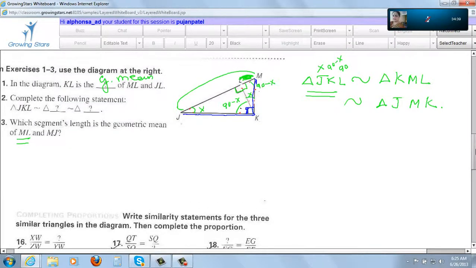It's not KL. It is either MK or JK. For finding out which of those two, you should look. Here you have the product of ML and MJ. ML is adjacent to this altitude, isn't it? So it is the geometric mean of MK.